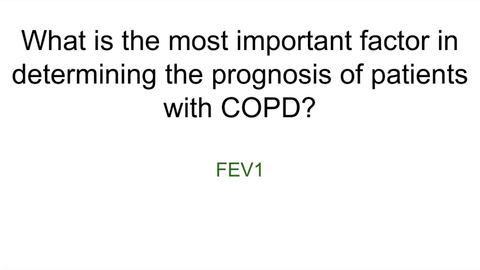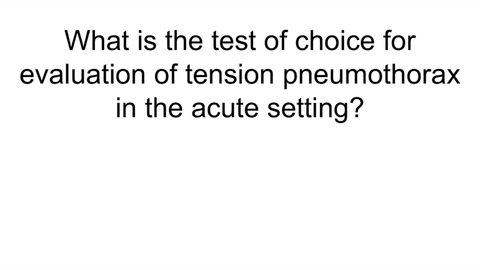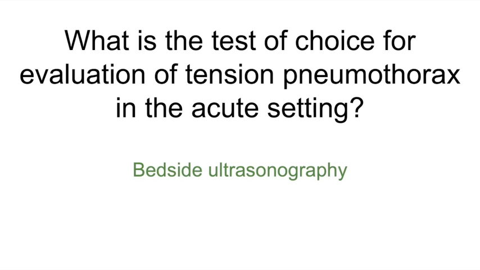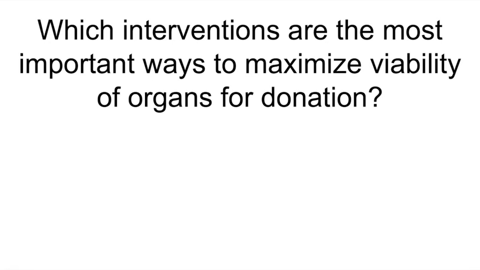What is the test of choice for the evaluation of tension pneumothorax in the acute setting? Bedside ultrasound. Which interventions are the most important ways to maximize viability of organs for donation?